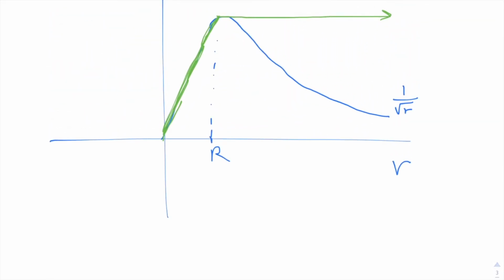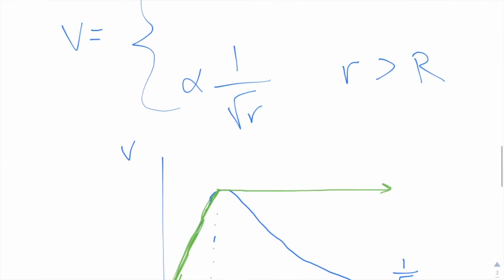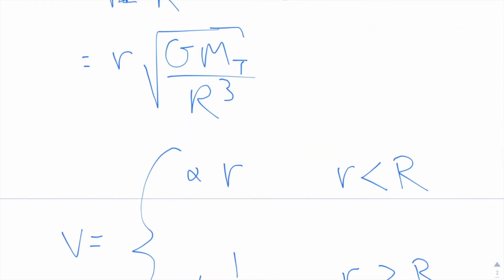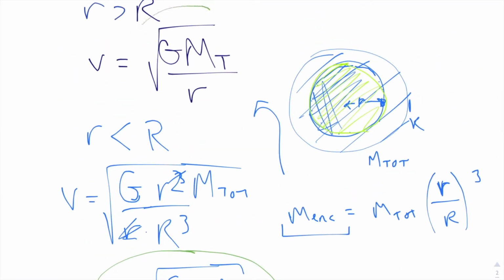The only thing that can explain the fact that it's not behaving like this is if this term is different. So if v is not proportional to 1 over the square root of r, the only thing that can possibly be not what we thought it was is the total mass enclosed.